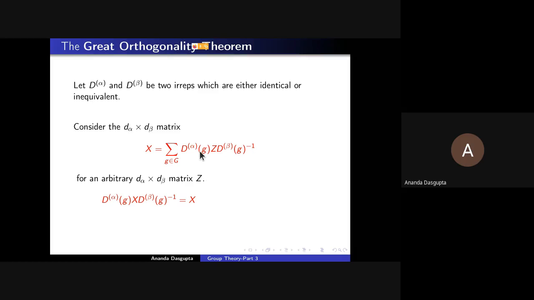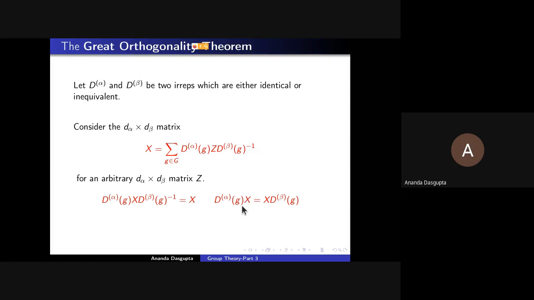But when I sum over all g, I end up summing over the same terms, maybe in a different order, but I must get the same result. So what does this mean? It simply means that d alpha g x must be equal to x d beta g, right?